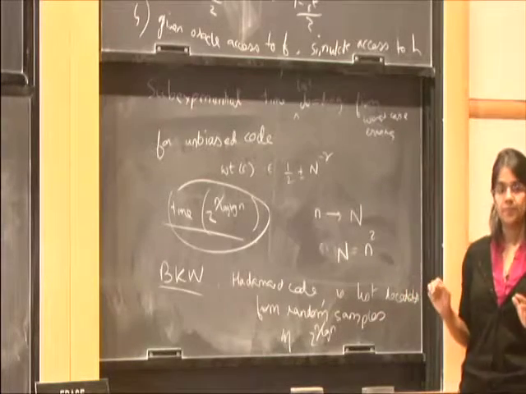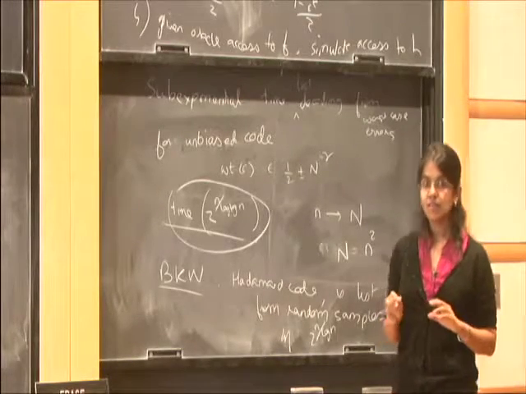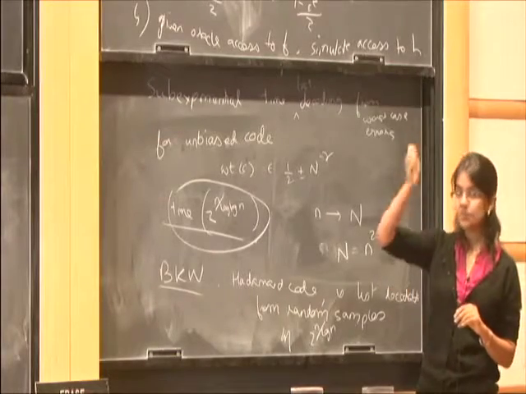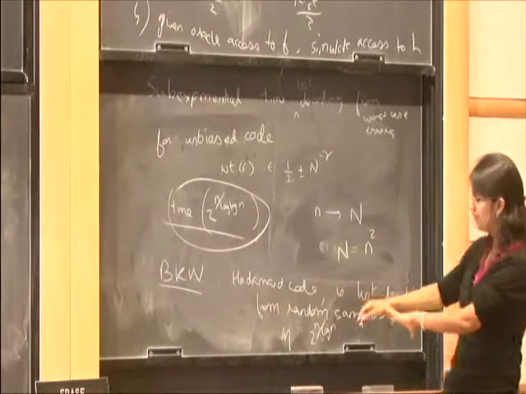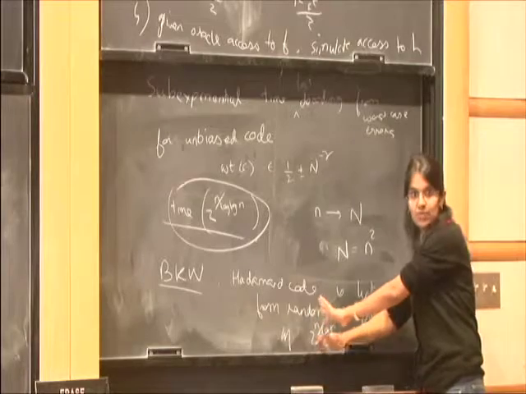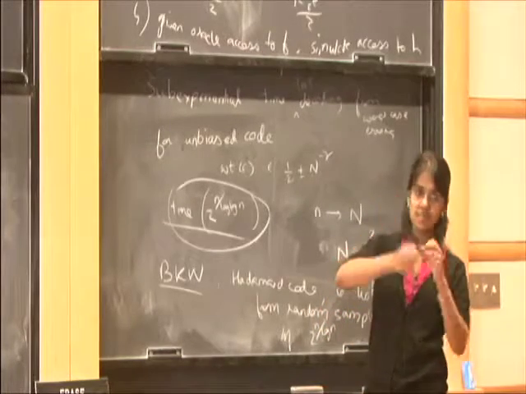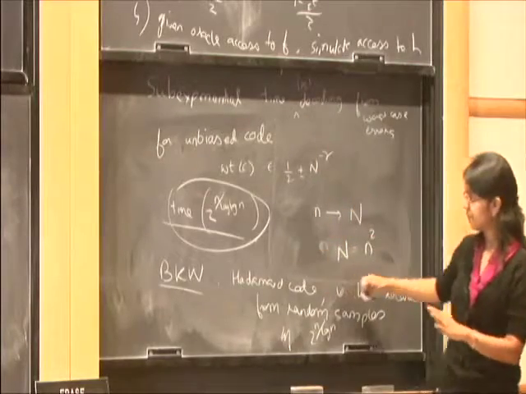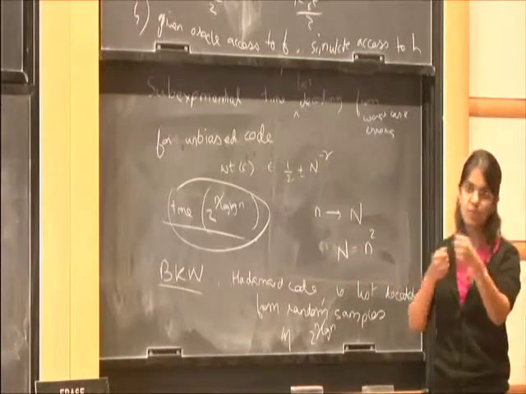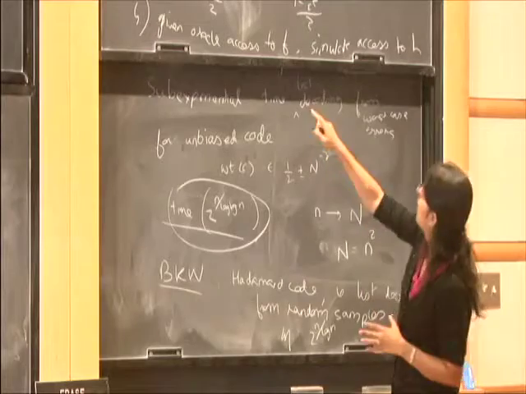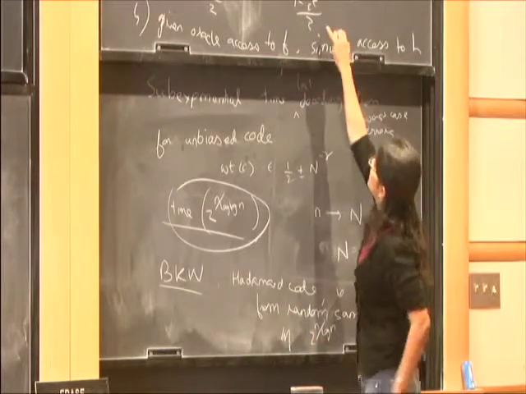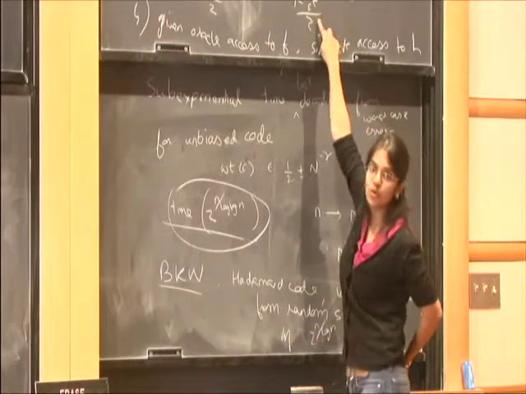So why do you set up this log? The error blows up because of the large number of convolutions. This algorithm would have needed 2 to the n over log n time, but our time complexity worsens because when we do this convolution to reach the Hadamard code, the error blows up: 1 minus epsilon to the k. When k is n over log n, this is too close to half.